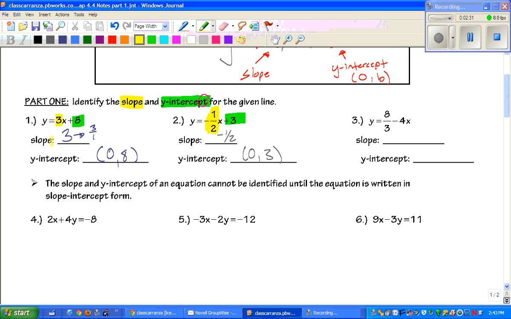Okay, the slope is the number that is next to the x, so it should be -4, which is -4 over 1. And then the y-intercept is the number that's by itself. The y-intercept can be a fraction. That's okay.